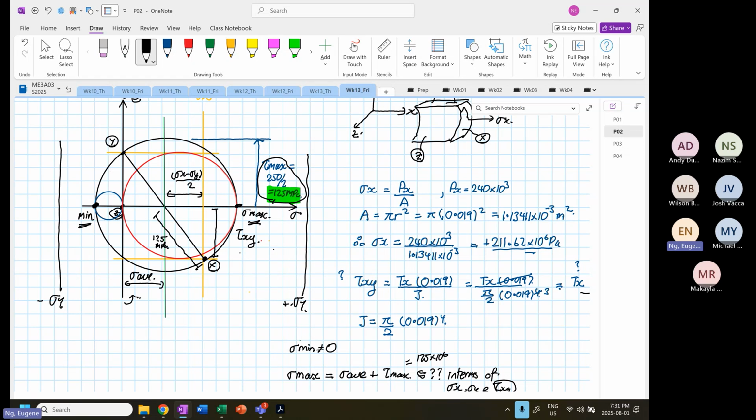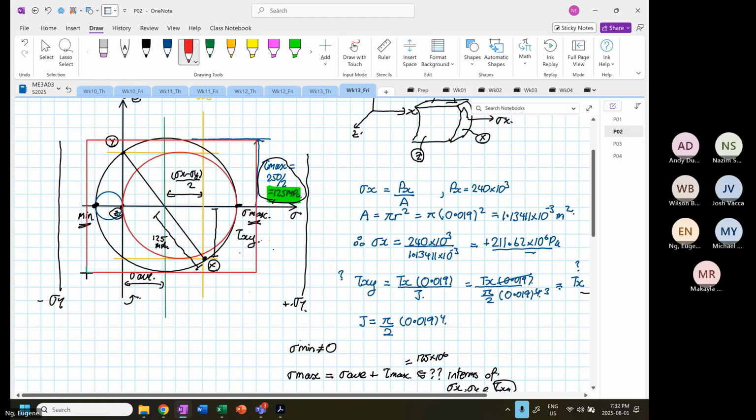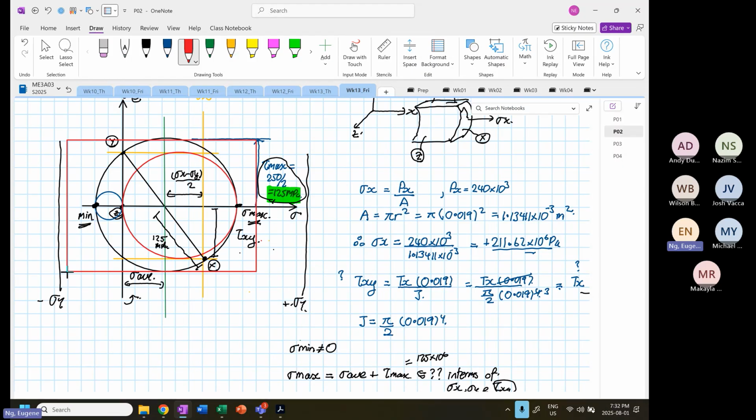If I'm going to sketch the box, I'm going to do a realistic sketch. This is the box. 2, 4, 6, 8, 10.